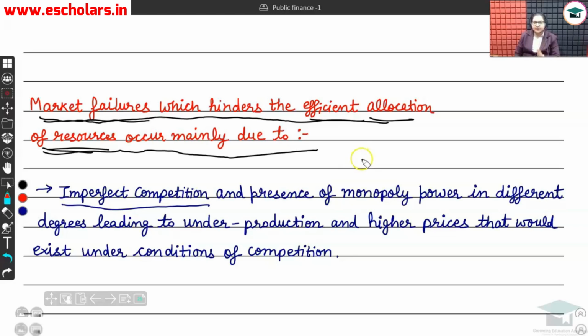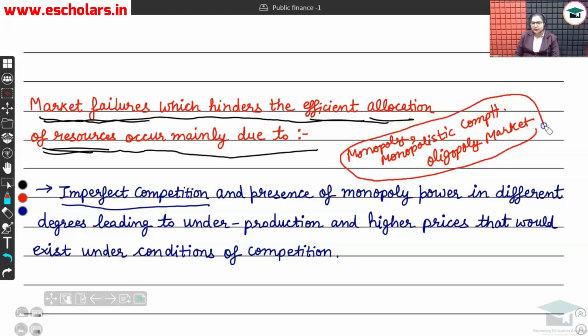So due to the imperfect competition in real life, that is due to the monopoly market, monopolistic competition market and oligopoly market, we are not able to attain the efficient allocation of resources.